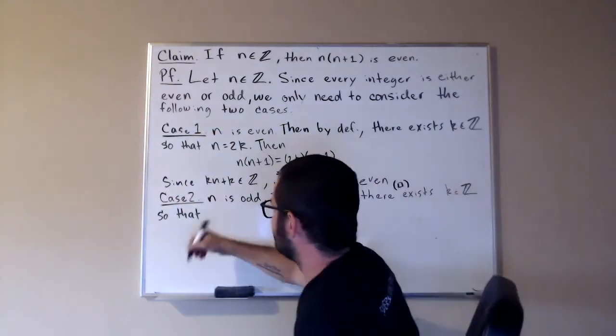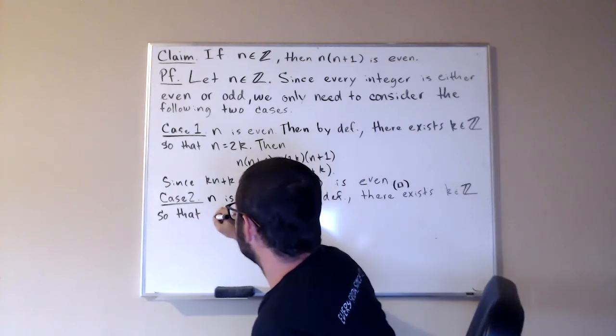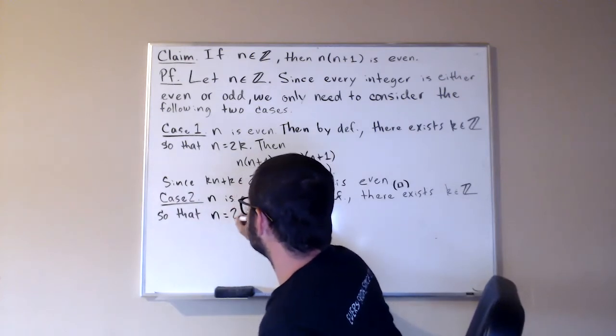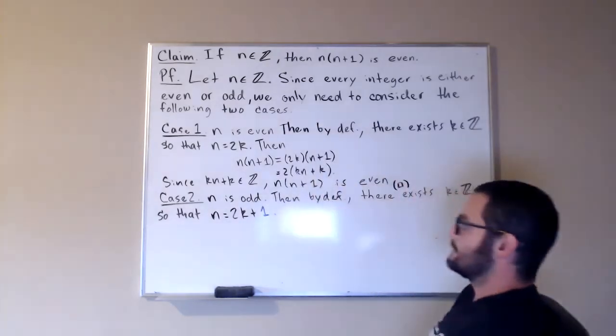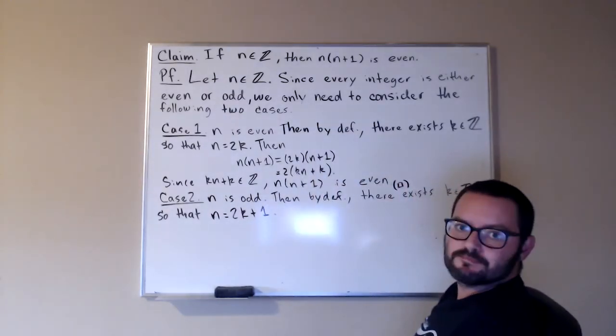Okay, so go back to this: n is odd, so n is equal to 2 times k plus 1. Okay?